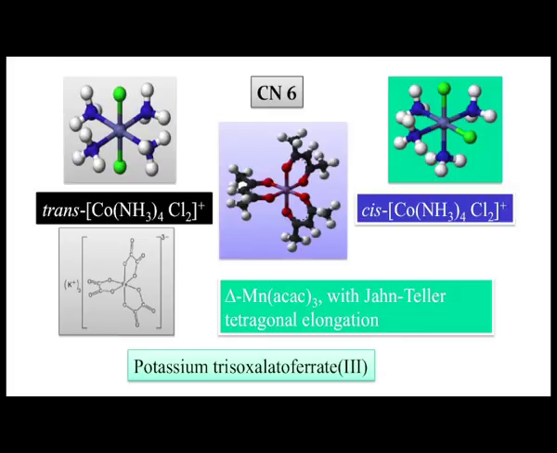Now, when the bidentate chelation is there, if the first oxygen atom of the bidentate ligand is in the plane of the board, the second one will go behind. Similarly, if this is in the plane of the board, then this one will come forward, that means it is above the plane of the paper, and in this case one is below the plane of the paper and the other will be above the plane of the paper.